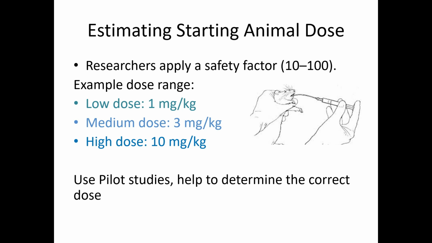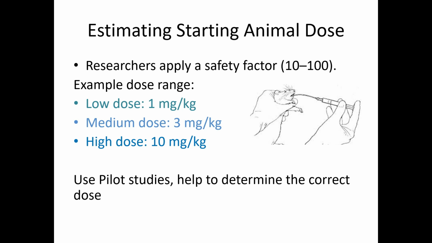So we will now estimate the starting animal dose. Researchers apply a safety factor of 10 to 100. Example, dose range: low dose 1 mg per kg, medium dose is 3 mg per kg. It was our effective dose, or IC₅₀ dose. We derived this 3 mg per kg from the IC₅₀, the effective concentration, and we have scaled it up by around 3x.